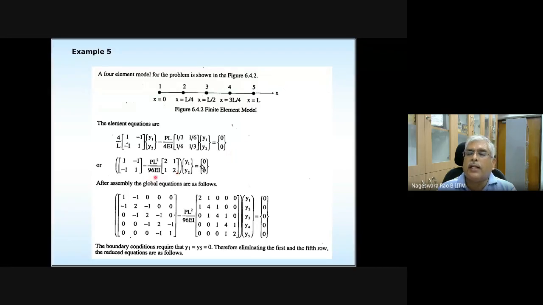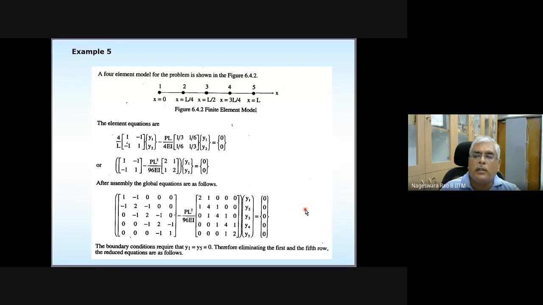So that is how you can get the element equations for each of the elements. And once you have the element equations, you can easily write the global equation system. Please take a note of the global equation system.